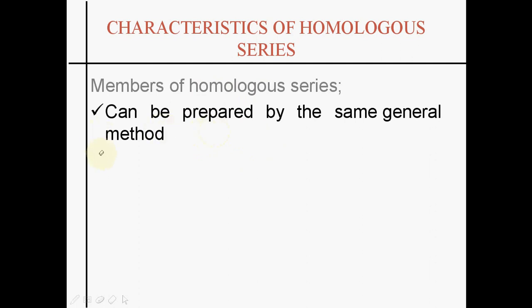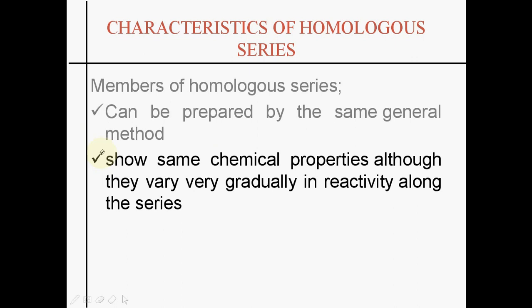Then the other thing that we have to keep in mind is that all members of a particular homologous series show the same chemical properties. Although these chemical properties vary gradually in reactivity along the series.